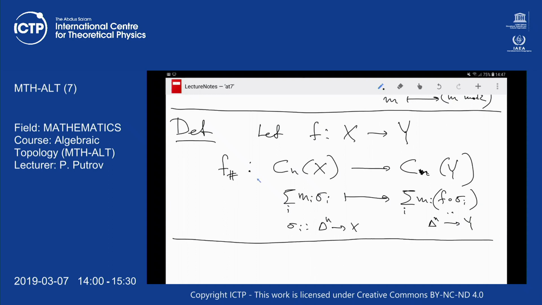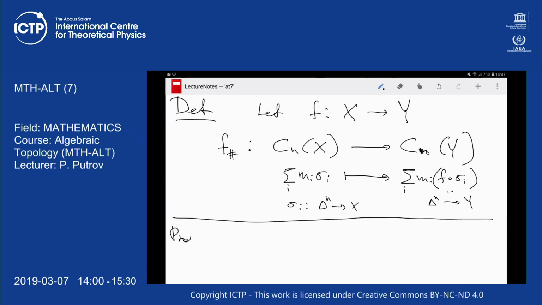So this induced map has an important property, which can be formulated as follows. For X, we have a singular chain complex, the sequence of boundary homomorphisms between the C_n's.